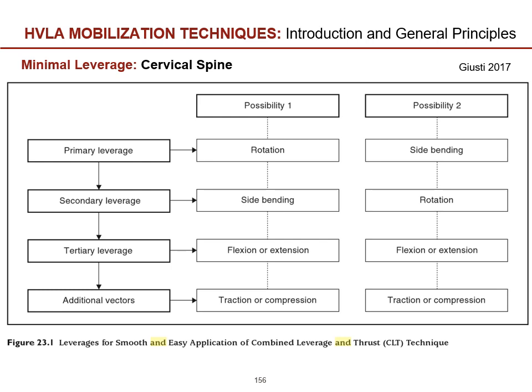Okay, and here's a simple schematic that maybe will further reinforce this concept. You can see the two possibilities where either rotation or side bending are your primary levers. The subsequent rows denote the different options for your secondary, tertiary, and additional levers applied. So if we stick with possibility one, for instance, where primary is rotation and secondary is side bend, you can add flexion or extension, which could be your PA shift.